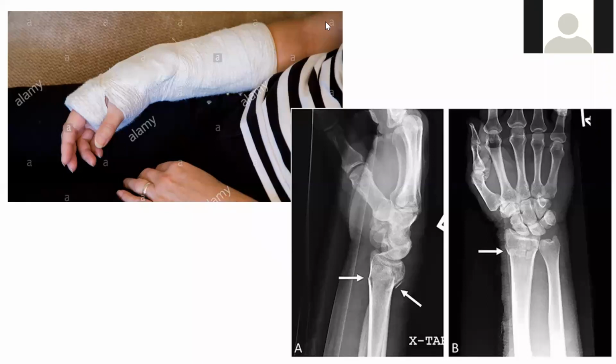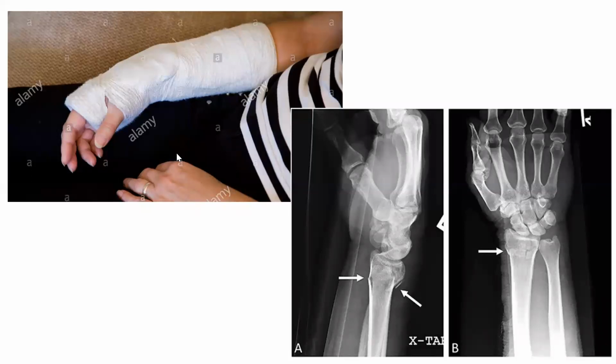Yes, sir. So, can you describe this? There are two X-rays, no? Yes. In X-ray A, it's the lateral view of the forearm, including the wrist joint and the distal forearm bones, radius and the ulna, and including the metatarsal bones and the carpal bones.